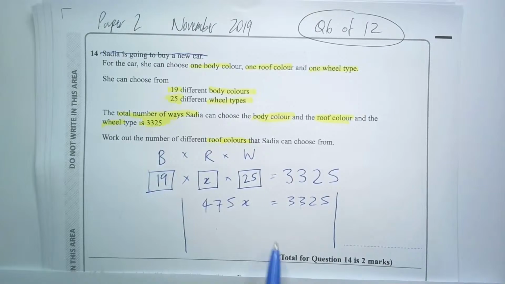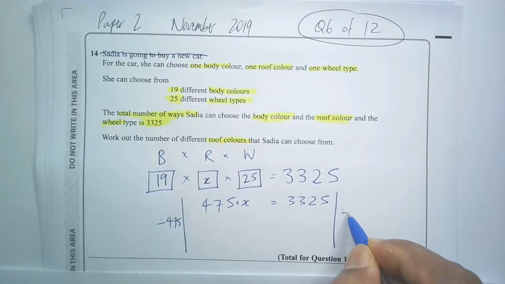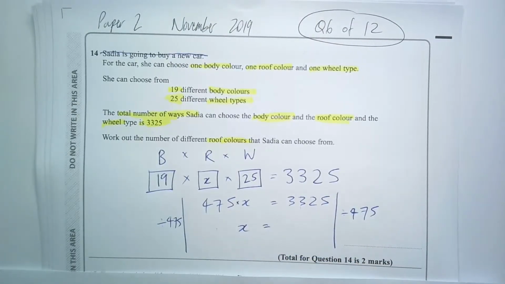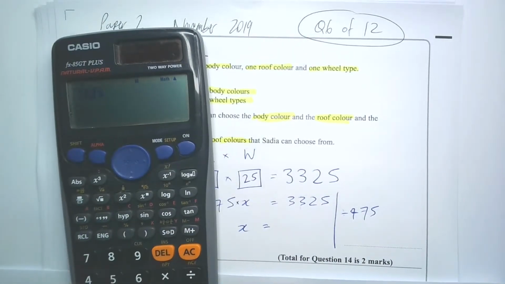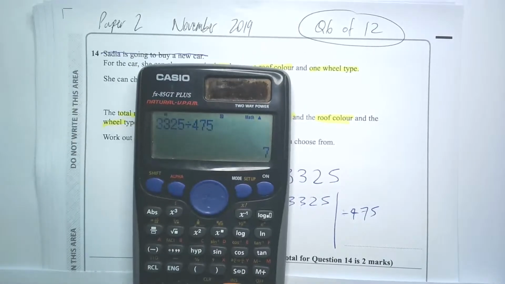We want to work this out. What's the opposite of multiplying? We divide by 475 on both sides. R equals 3325 divided by 475 gives us 7.